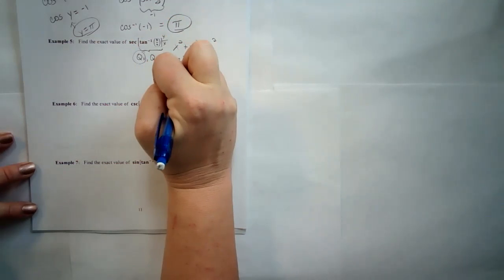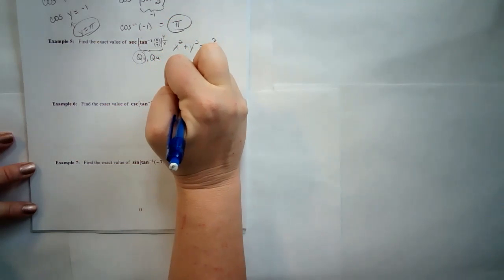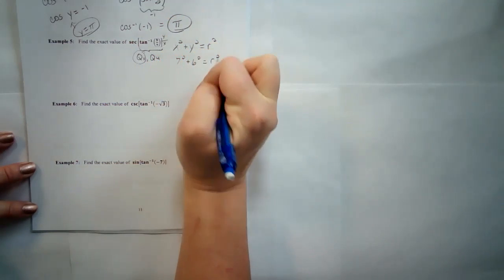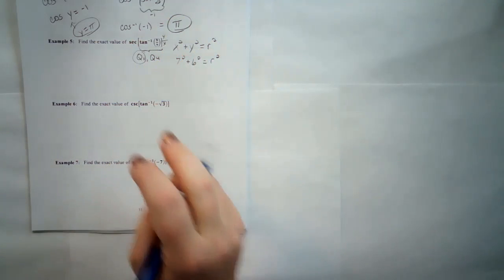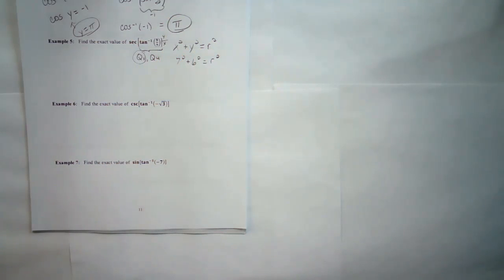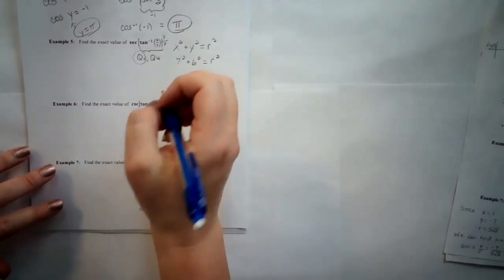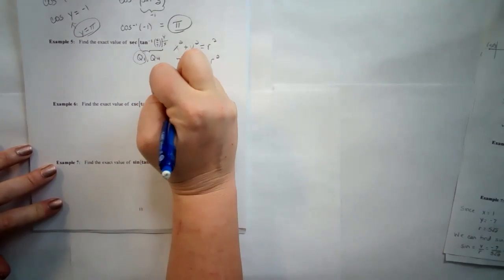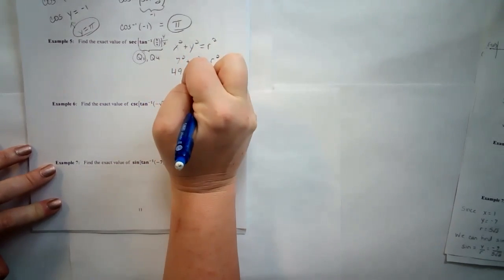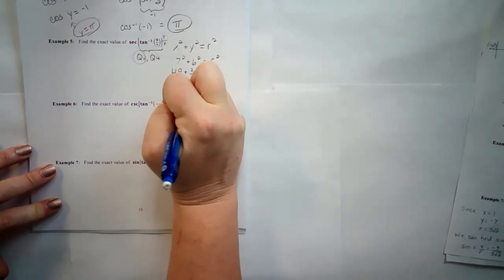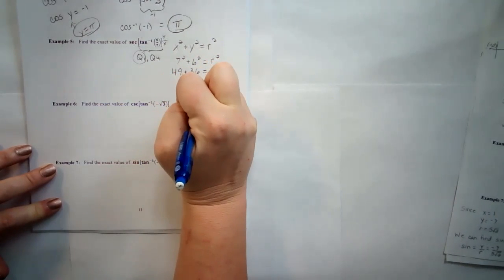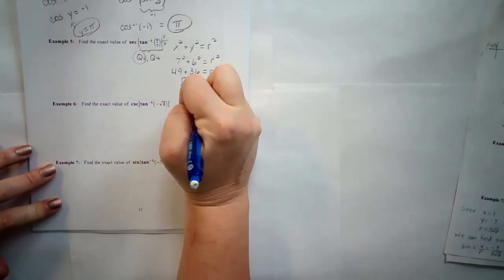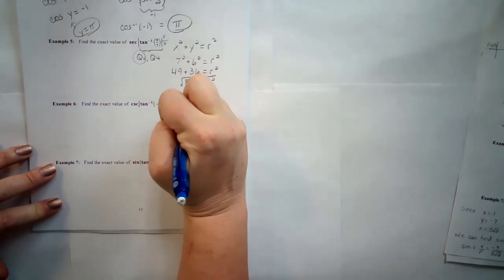Okay. So tangent is y over x. So my x is 7. My y is 6. So I'm going to have 49 plus 36 equals r squared. That gives me 85 equals r squared. I take the square root of both.